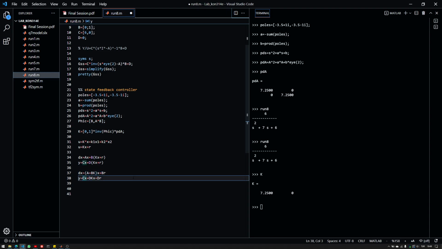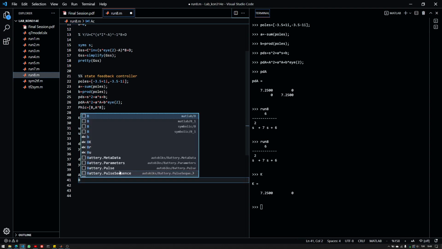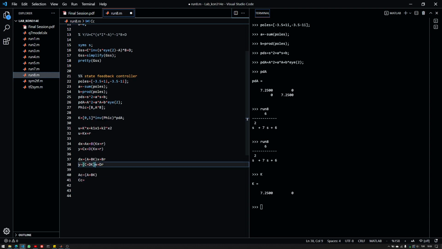And the same goes for this one. And there we go. Now this is another state space model, where my A, let's say closed loop, is equal to A plus BK, and my B is equal to B, it doesn't change, and CC, the closed loop C matrix, that's only affected here, is C plus DK. Now the controller affects the system matrix A and the state to output relation C, and that's it.